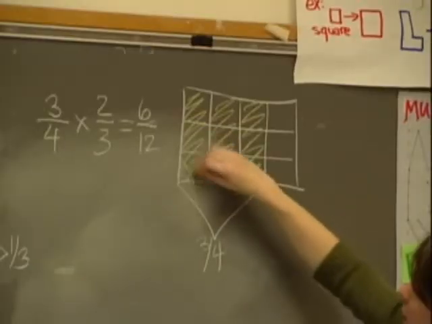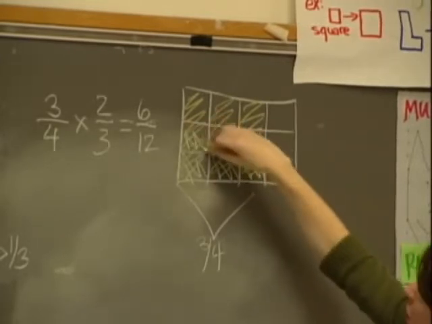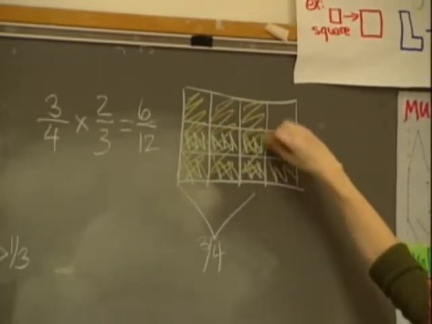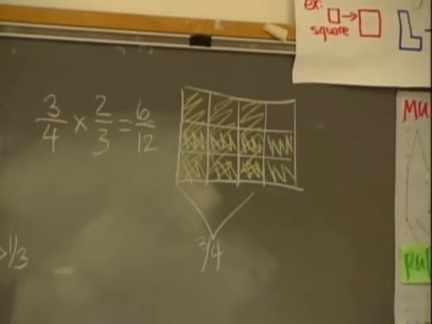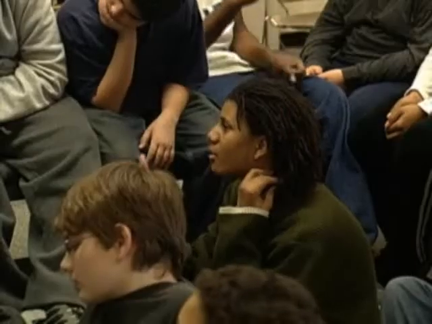Let me do that again. Okay. What does that tell us? Kamani? That is now 2/3. You just shade this.